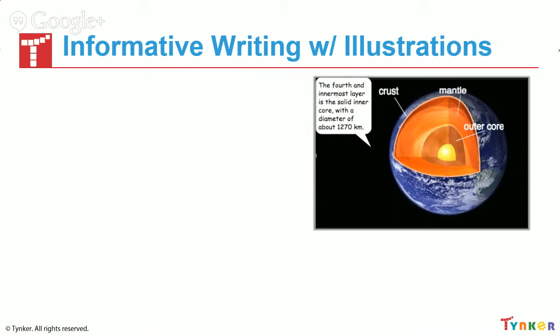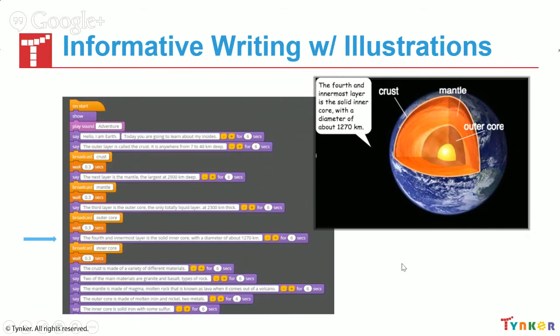So in this project, this was actually a final project for science, the student had to write different facts about the parts of the Earth and had to illustrate it. In this coding project, this is how it was included. So the different facts were included as say blocks.